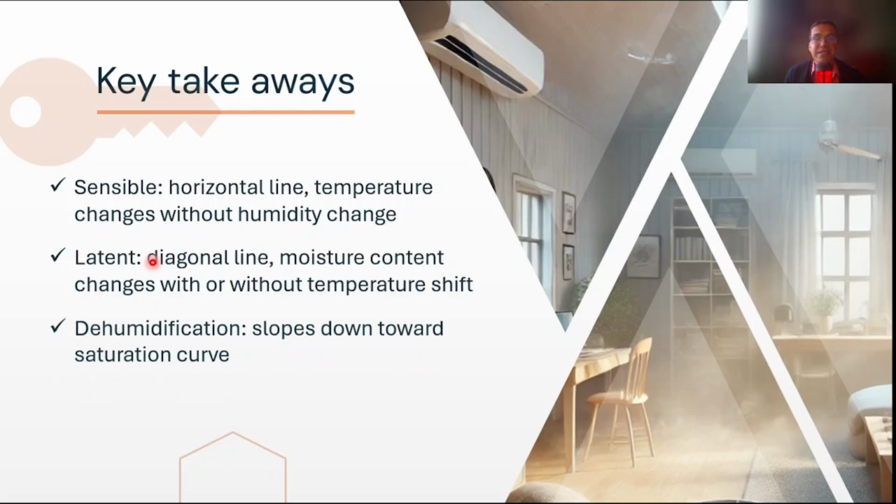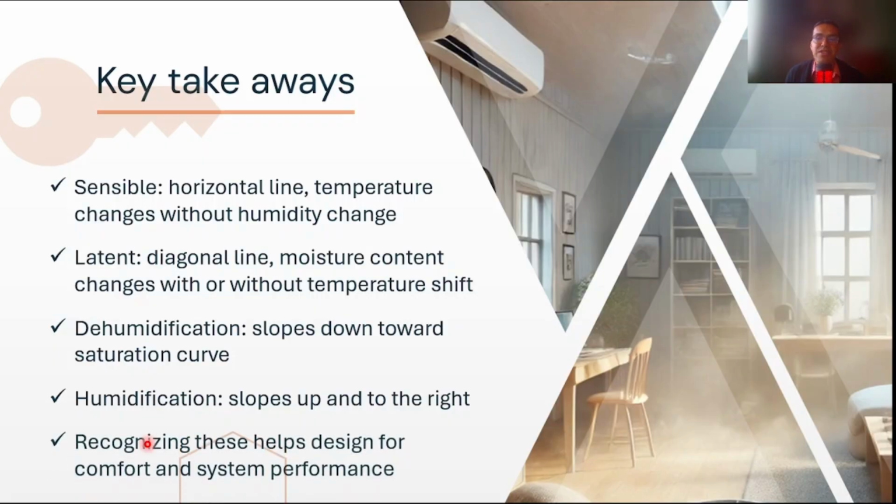Dehumidification is usually achieved by cooling air below its dew point, leading to condensation and moisture removal. Humidification adds moisture to the air, often done during heating to improve comfort. Each of these processes follows a distinct path on the psychrometric chart. Recognizing them helps HVAC professionals design systems that not only meet performance goals but also ensure indoor comfort.